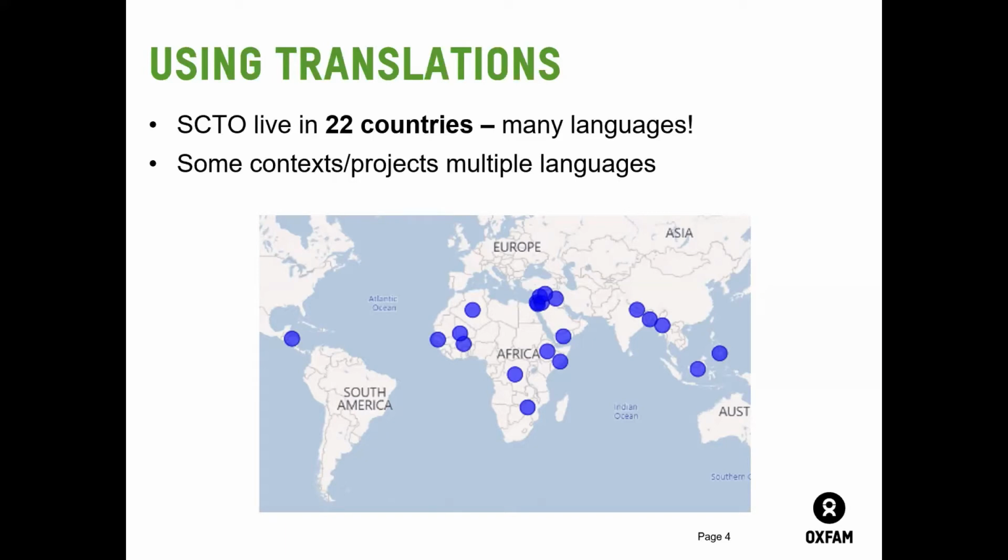So when we went through that selection process to pick a tool for mobile data collection, the ability to easily add translations and flick between languages within the same form was a really key consideration for us, which is one of the reasons we were led to SurveyCTO.